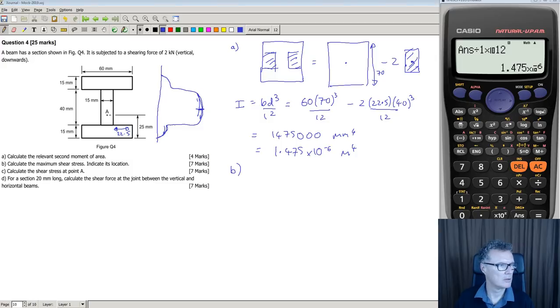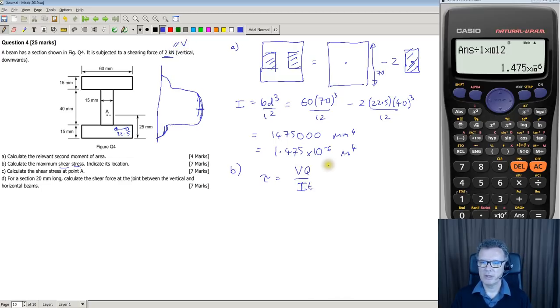Right, so I want to use one of these formulas. So be careful. We're saying shear stress. So the one I want to use is shear stress, VQ over I T. The V is this value here.